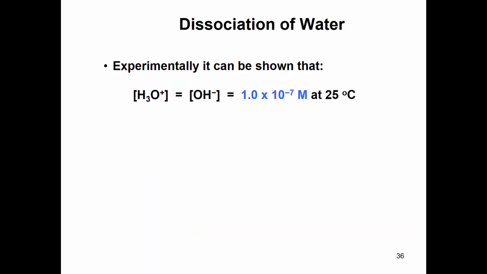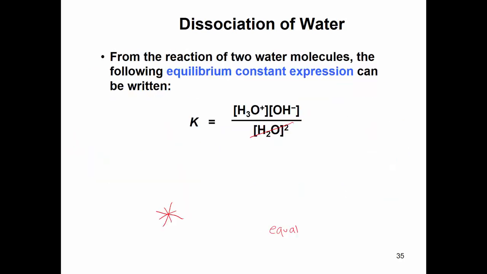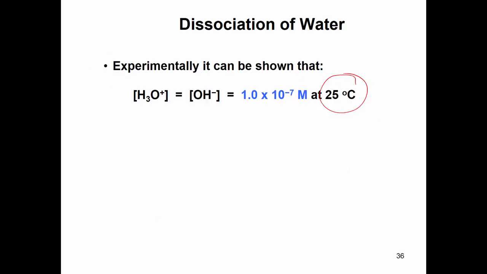So we know through experimentation that in your glass of water, if it's at room temperature, so 25 degrees C, we have 1.0 times 10 to the negative 7 molarity of hydronium and hydroxide. Okay, so let's think about this in real terms. We have equal concentrations of both of those, and that concentration is 10 to the negative 7.